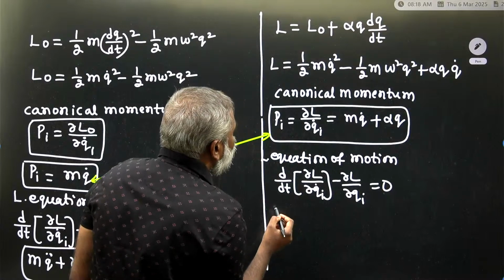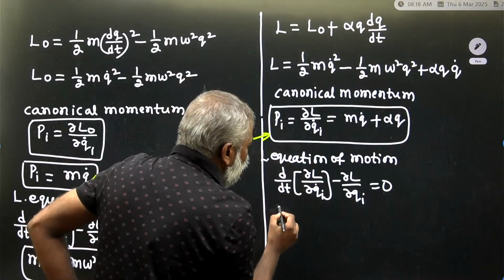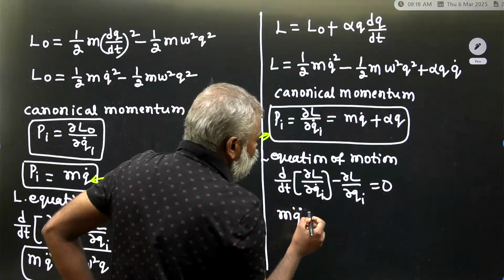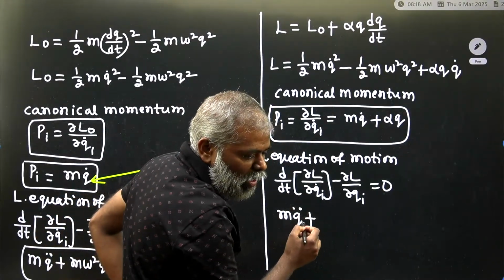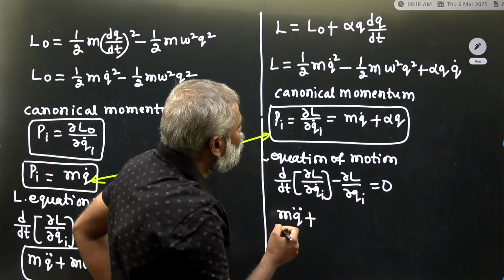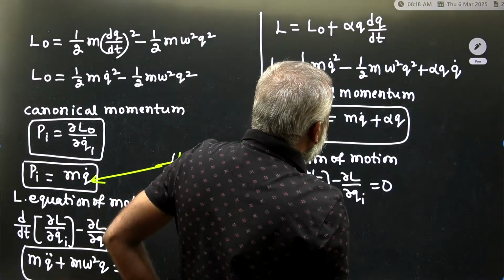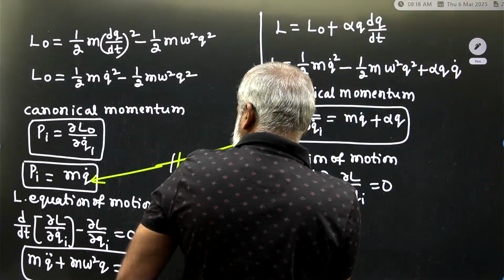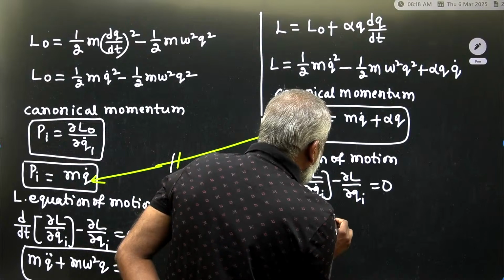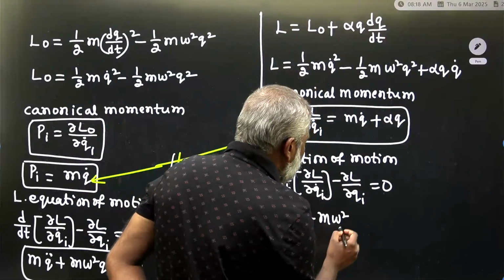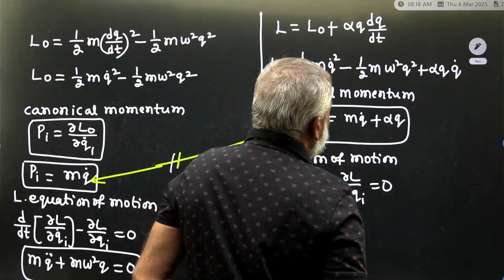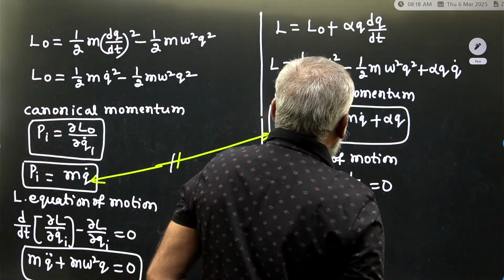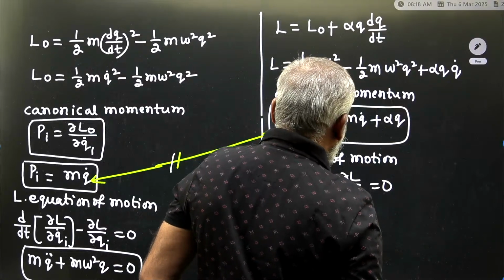So therefore here you have to substitute. ∂L/∂q_i dot gives m q_i double dot, plus alpha into q_i dot is not there in the other term, so minus into minus gives plus m omega square into q. That is ∂L/∂q_i equals m omega square into q.